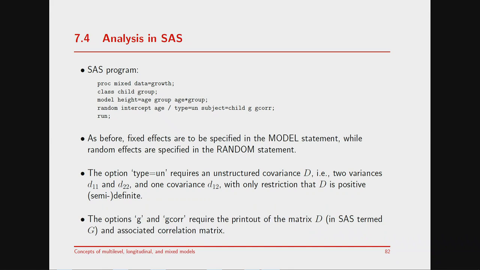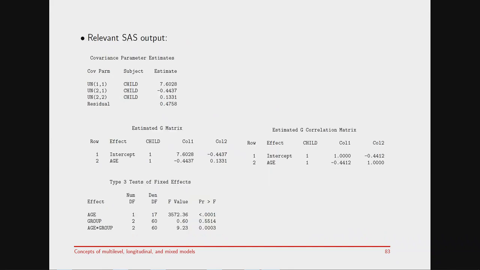If you want to have them printed as a 2x2 covariance matrix, then you need to add the option G. If, based on that covariance matrix, you also want SAS to calculate the correlation matrix for the random effects, so if you want to know the correlation between the random intercepts and the random slopes, then you add the G-correl option as well. Then you will get a 2x2 correlation matrix printed out. But it's not doing something new, it's just additional output that you get.